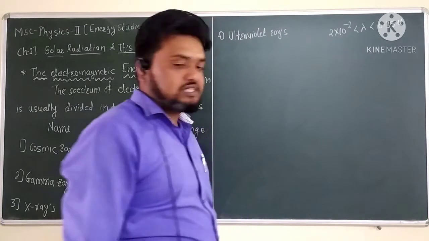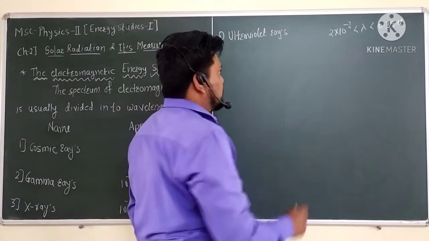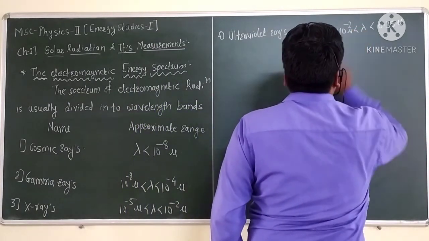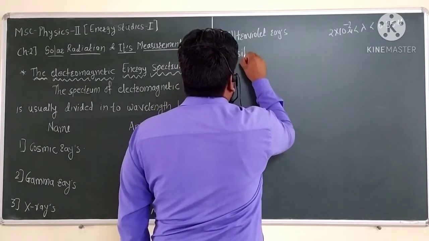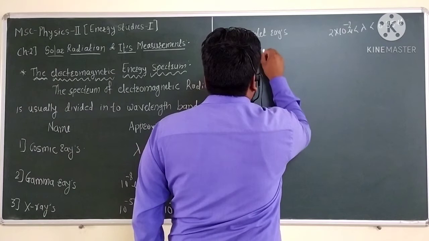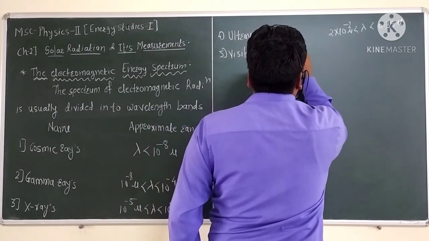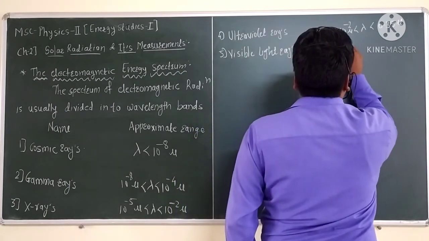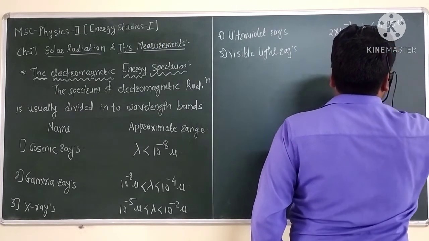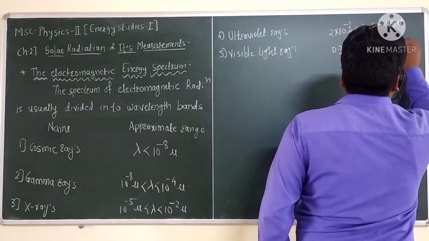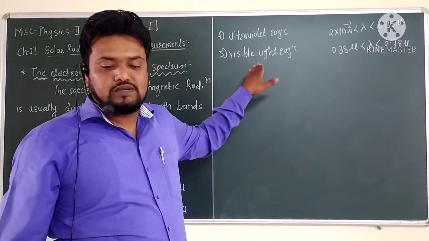Next is the visible light rays, and the specific range is 0.38 micron less than lambda less than 0.78 microns. So this range is considered as the visible light rays.